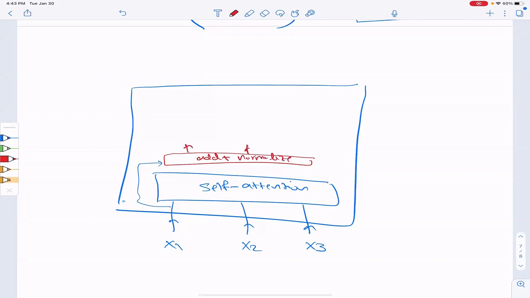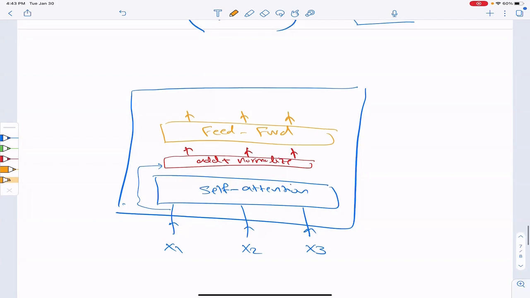That's it. You get 3 vectors. You apply your feed-forward net layer, as we discussed. If you wish, you can add and normalize again for this part.